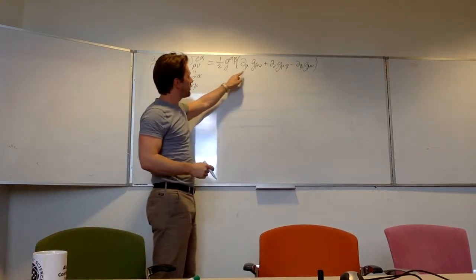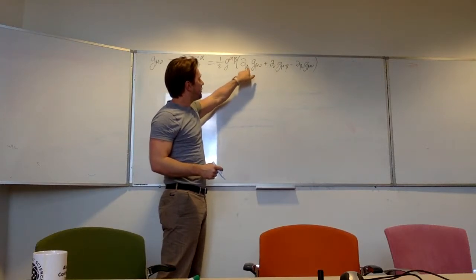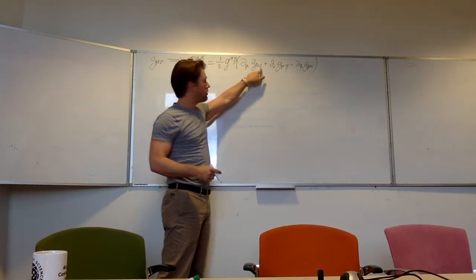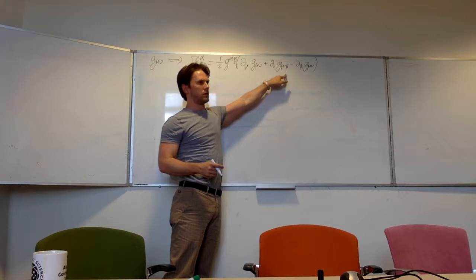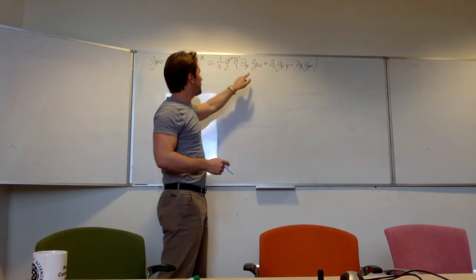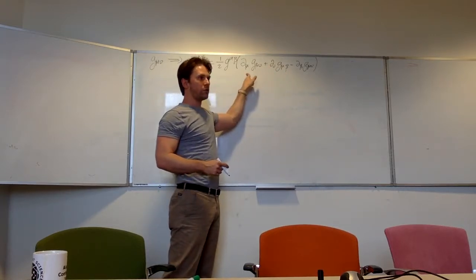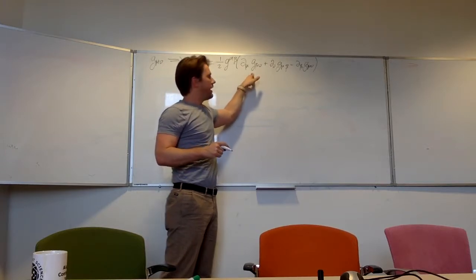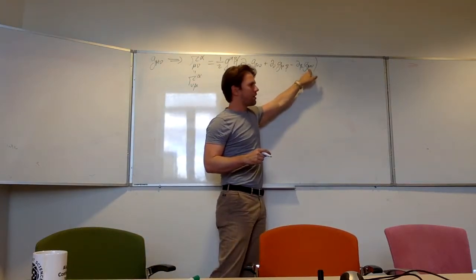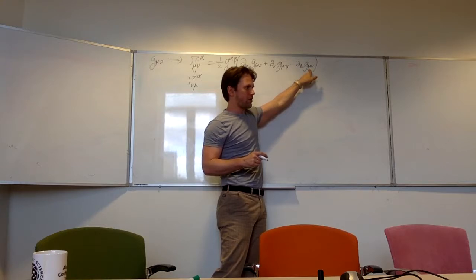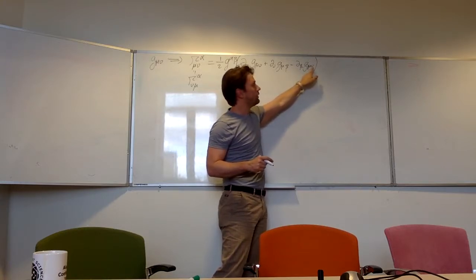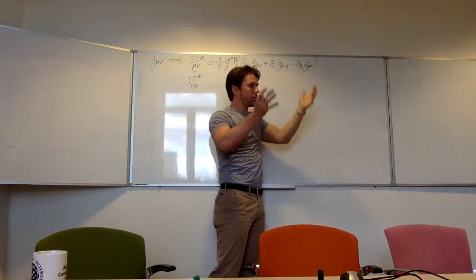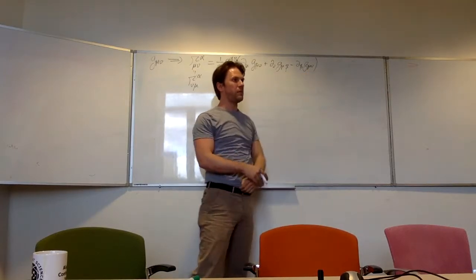Notice in this expression that if you replace mu by nu here, you would just get this term. And if you replace mu by nu in this term, you get this term. So swapping mu's and nu's doesn't change anything here. Sure, this now is called mu and this one is called nu, but it will give you the same number for this piece of the metric.